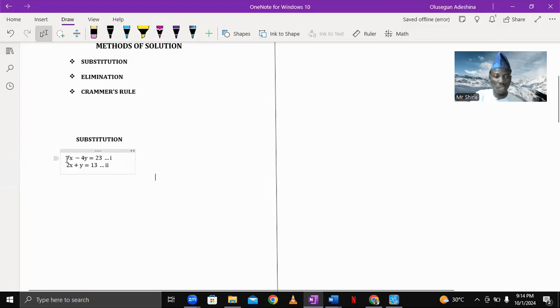It is 7. The coefficient of y in equation 1 is -4. The coefficient of x in equation 2 is 2. The coefficient of y in equation 2 is 1. So let us use the y in equation 2 because its coefficient is 1. It is easiest to use a variable whose coefficient is 1 to make that variable the subject of the formula. So what we are doing here is to make y the subject of the formula in equation 2.